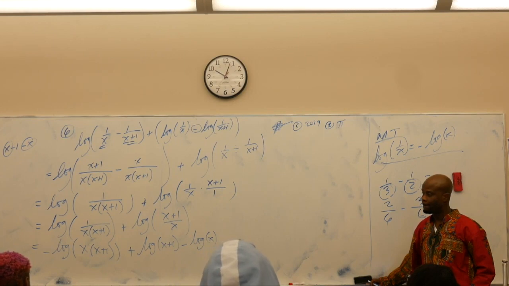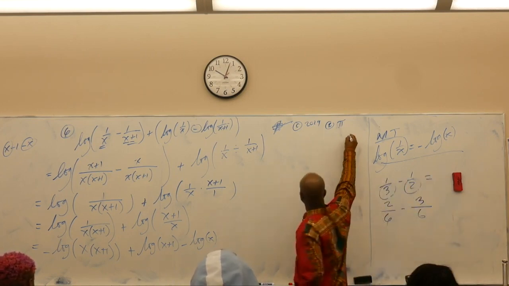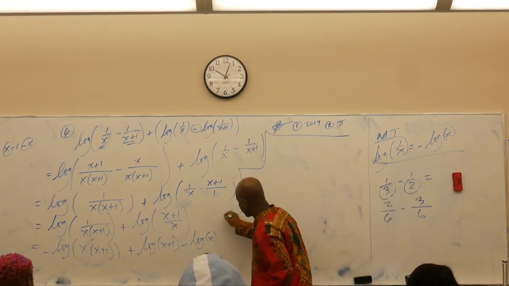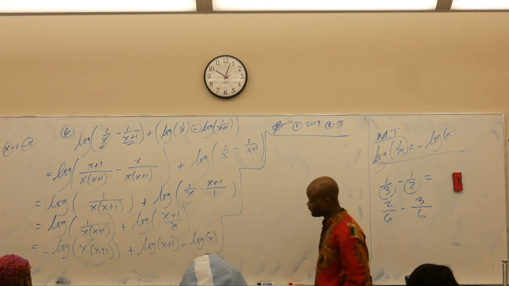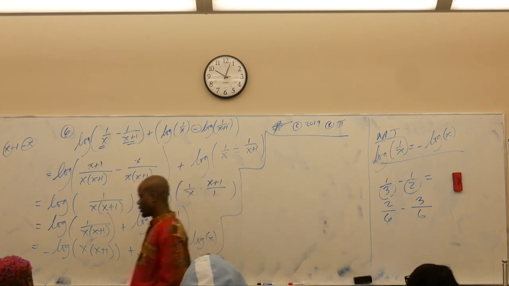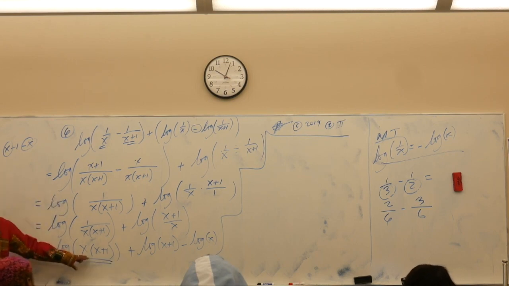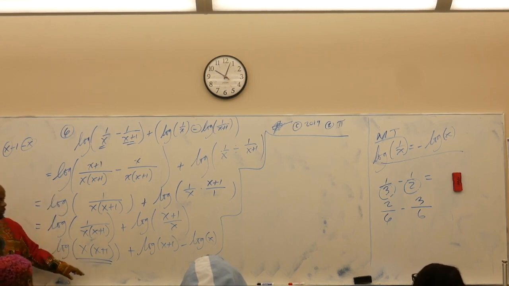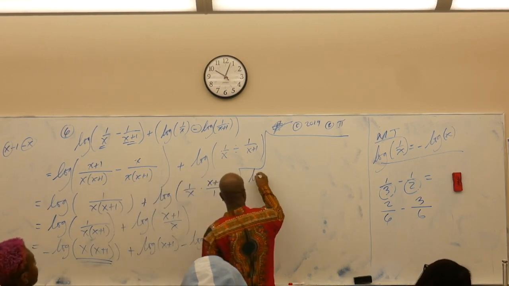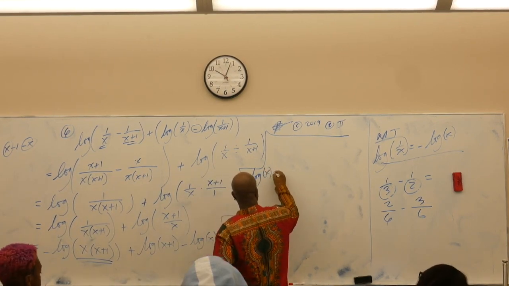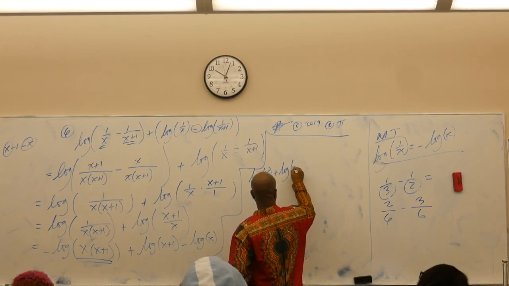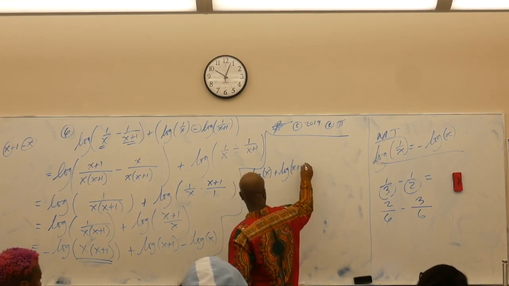Alright? So let me bring it up this way. Now this is a multiplication in here, so I change that to what? Addition. So this is the log of x plus the log of x plus 1.